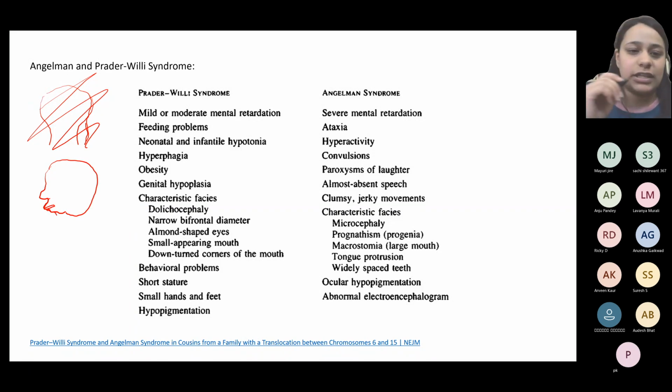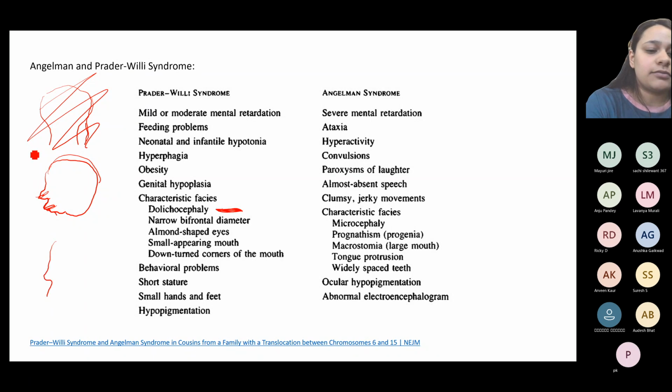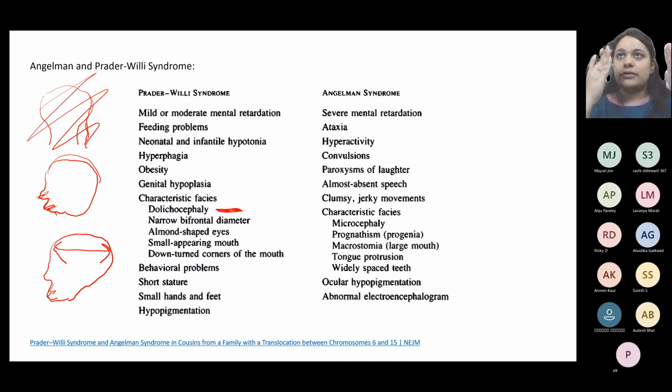I don't have a very good writing surface. If we see a person from the side, if this is the nose and this is the mouth, this will be the normal shape of the skull. But in people with dolichocephaly, with the same nose and mouth, the skull will be expanded like this, really elongated from the anterior to the dorsal end. That is what dolichocephaly means.